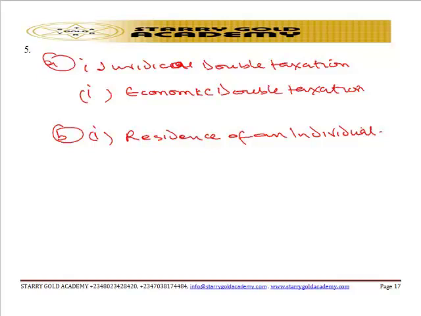Relevant day here means 1st January of every year, and does not include any hotel or rest house or any other place at which he or she is temporarily lodging, unless no other permanent place is available for his use on that day. A resident individual is a person who is domiciled in Nigeria or who stays for not less than 183 days in a particular year of assessment. Did you get that? So let's go for residents of a company.